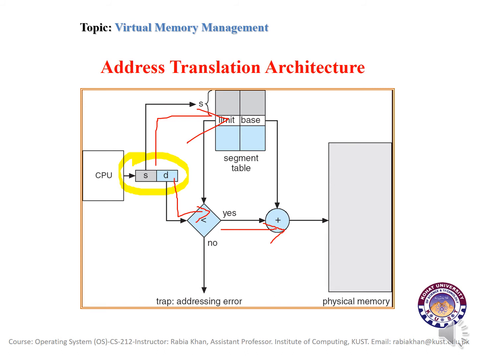But if the offset is not within the range of the segment, an interrupt is generated for the operating system to inform that it is an illegal instruction that needs to be aborted.